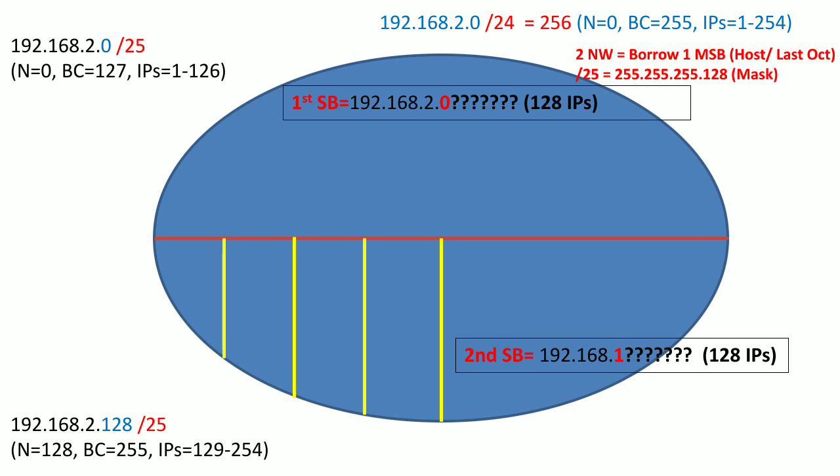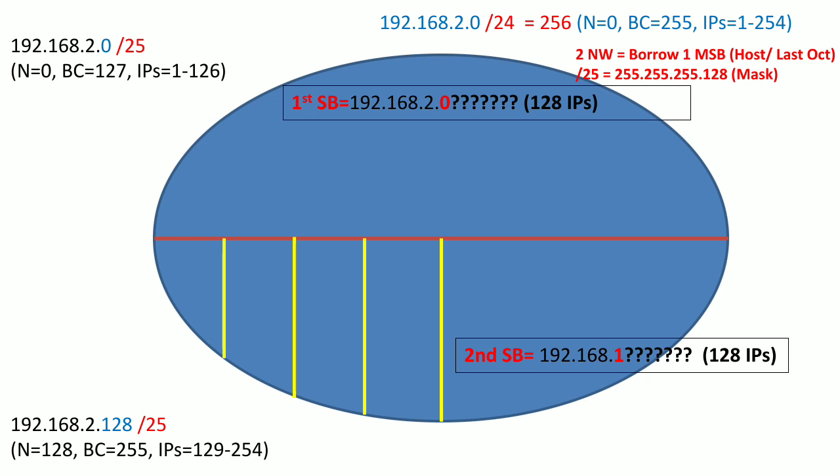Now we have another problem. We do not want to waste IPs in the second subnet, and we want to further divide this second subnet into 4 subnets, and each subnet has to have 16 IPs.